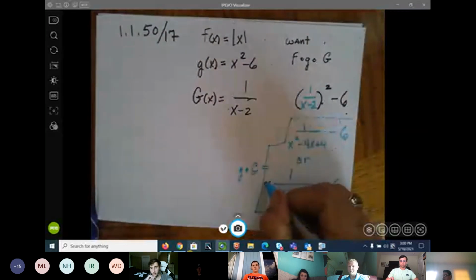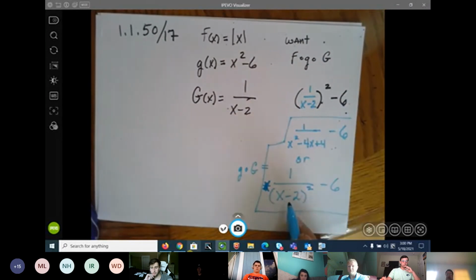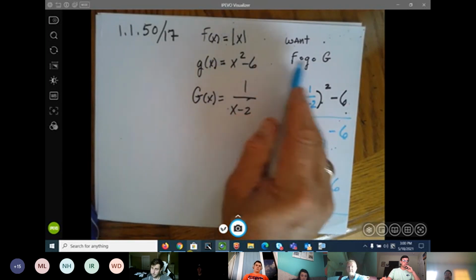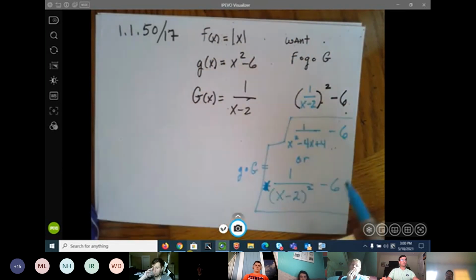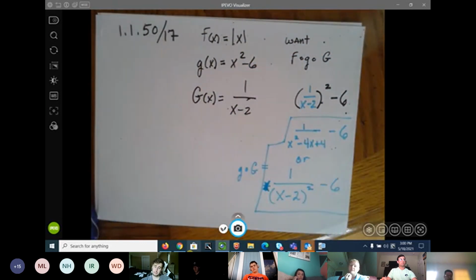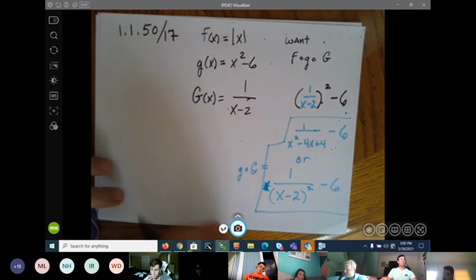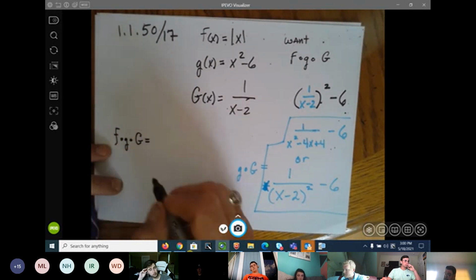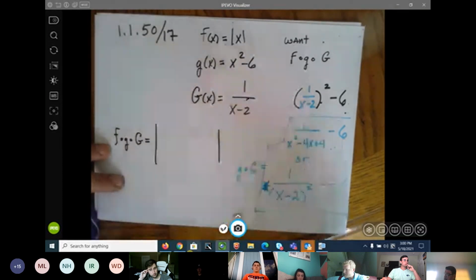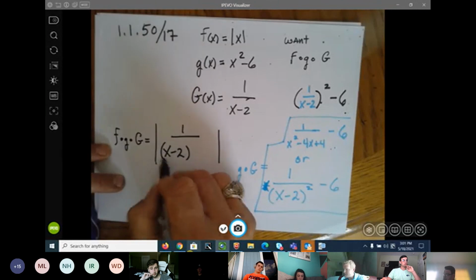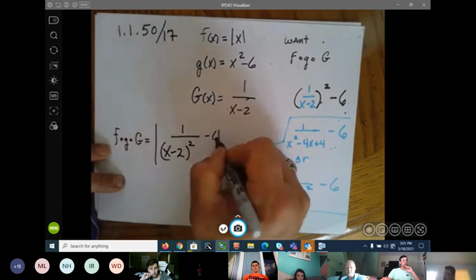And they say that you use this one, okay? So now I'm going to take this one, f, and I'm going to plug this into that. And that's it. So that's going to be f composed of g composed of big G is equal to the absolute value of 1 over x minus 2 quantity squared minus 6.